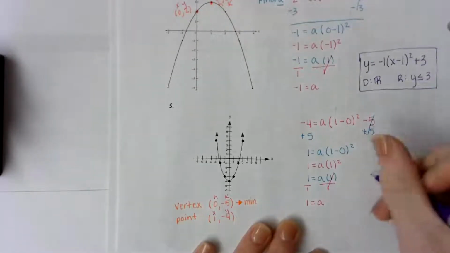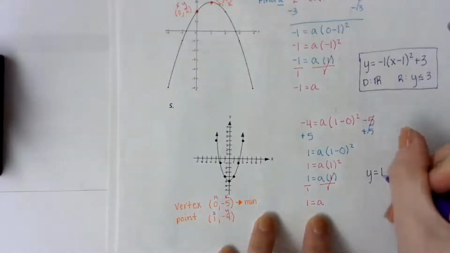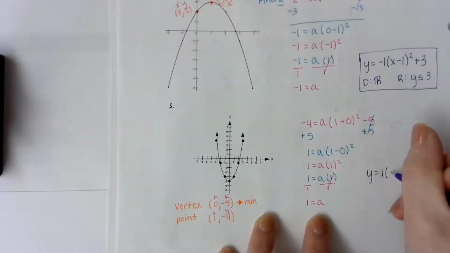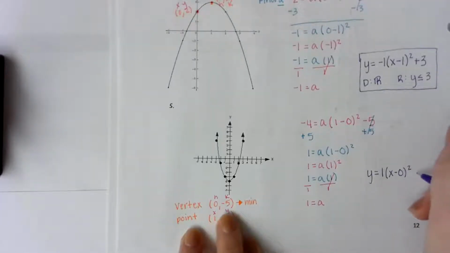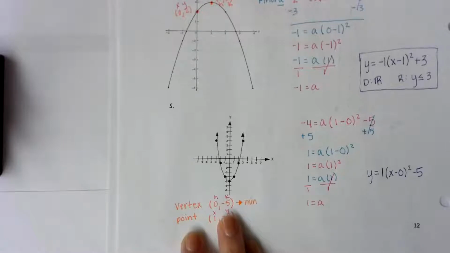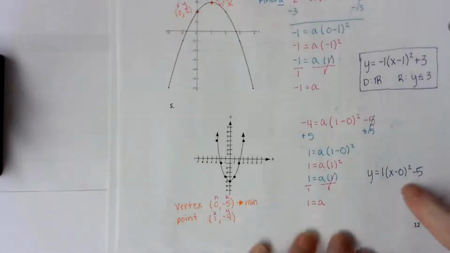So I go to rewrite it. y equals 1 times x minus 0 squared minus 5. Now here, if you remember from the last video, I said if they didn't have parentheses, then that meant that the h value of your vertex was 0.